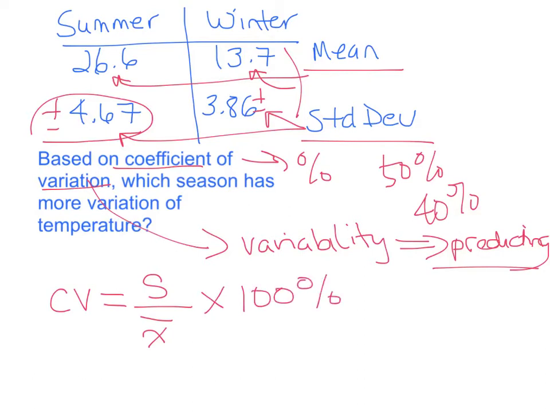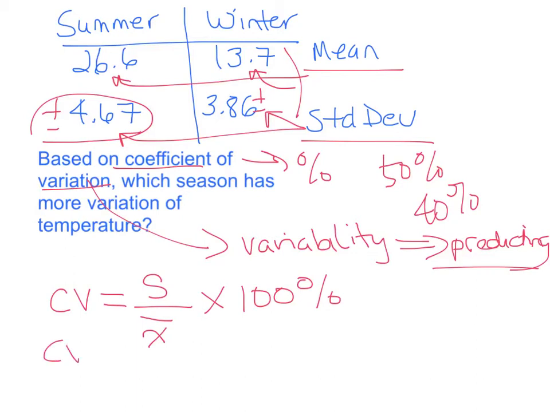So while we're doing this question, let's start with summer. It really doesn't matter because the question is basically asking us, based on the coefficient of variation, which season has more variation in temperature. So based on standard deviation right now, I'm going to say the summer has more variation in it, but we're going to see if that's actually accurate, based on that variation, which really tells us how reliable the data is for future predictions.